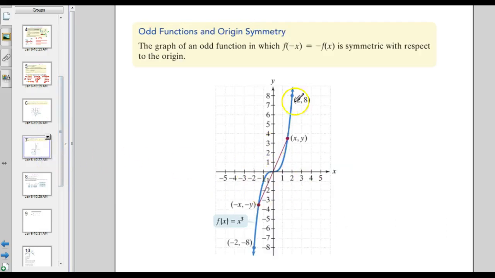So just know that that's what we mean by origin symmetry. It seems weird to be symmetric about a point because the origin is just a point, but what we mean is if we go from a point on the graph through the origin, out the other side the same distance, we'll hit another point on the graph.